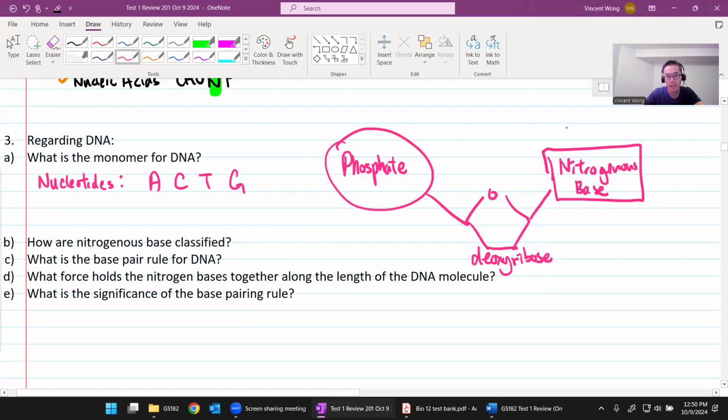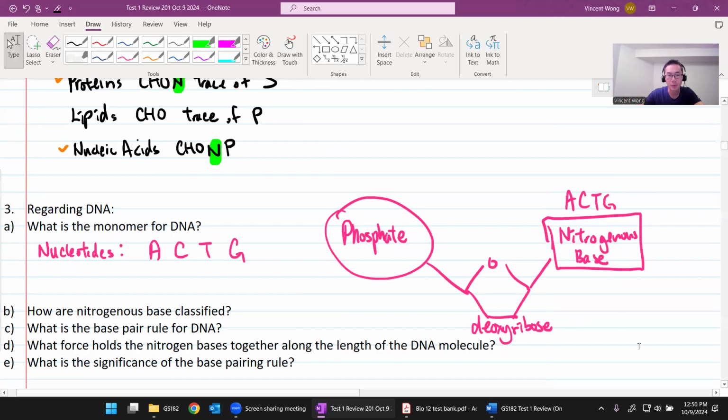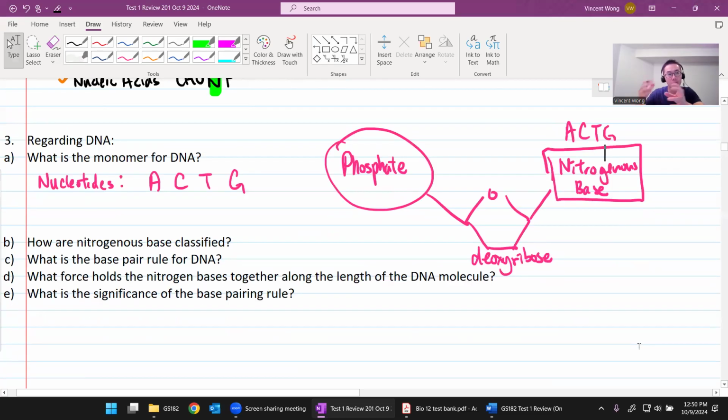And the base, as I told you, can be A, C, T, or G. So this whole thing is a nucleotide, and if you connect a bunch of them together, then you get your DNA strand.